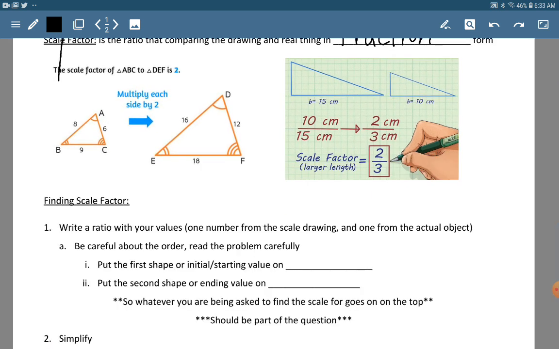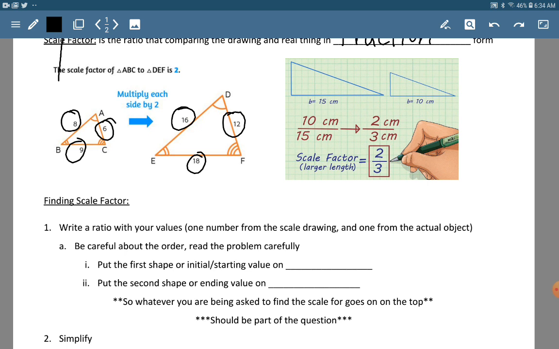If we look at this example here, the scale factor of triangle ABC to triangle DEF is 2. If you look at the number 8 to the number 16, or from ABC to DEF, from 8 to 16 is multiplied by 2. If you do the same thing from 9 to 18, multiplied by 2. 6 to 12, multiplied by 2.